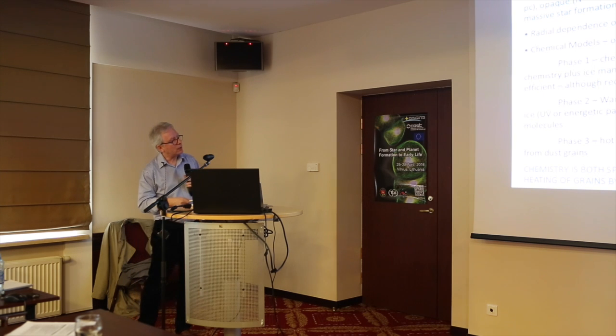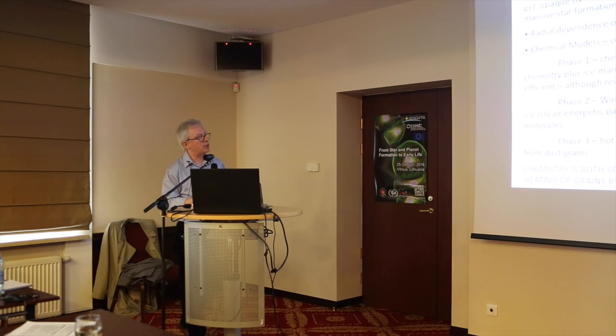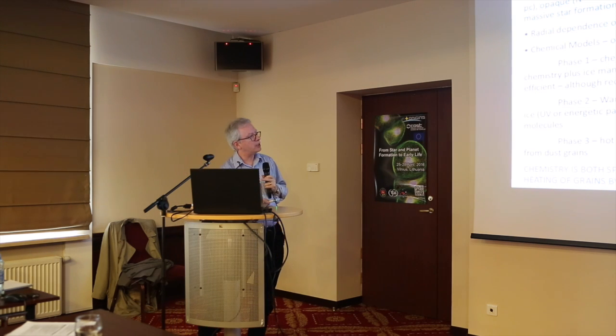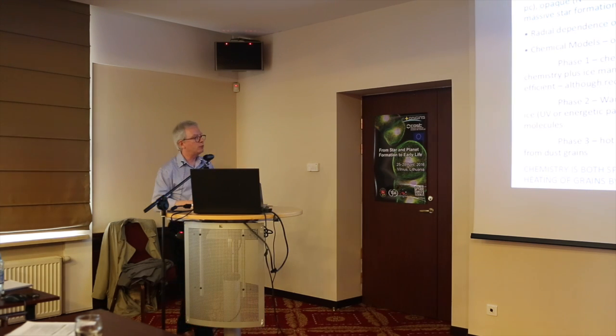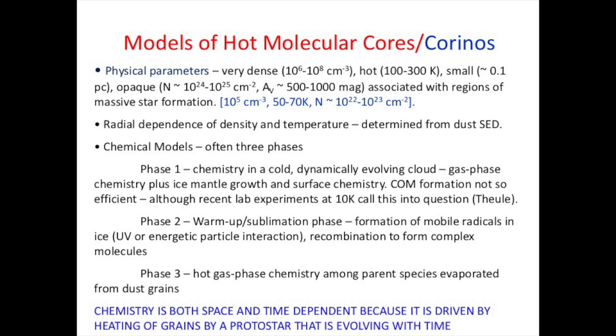There's a phase, again, that Floris mentioned, which is the warm-up and sublimation phase. It's possible that in this warm-up phase, certainly if you have energetic particles and photons interacting with the ice, you form radicals, and they begin to move when you get temperatures of 30 or 40 degrees Kelvin in the warming ice, so that they can build complex molecules.